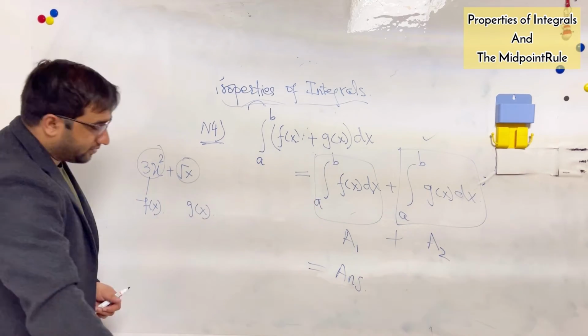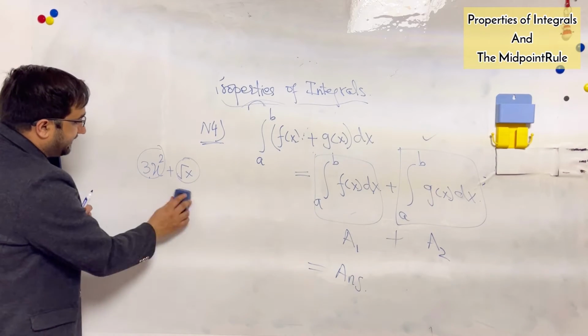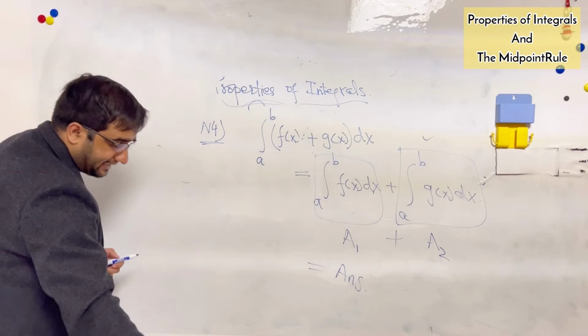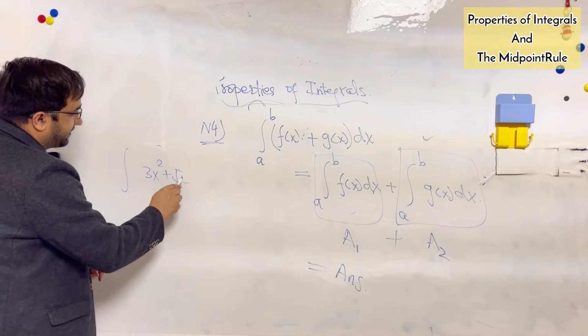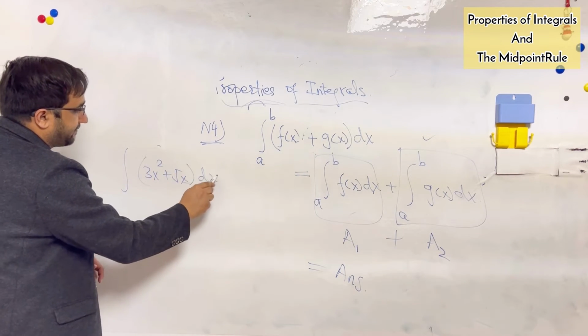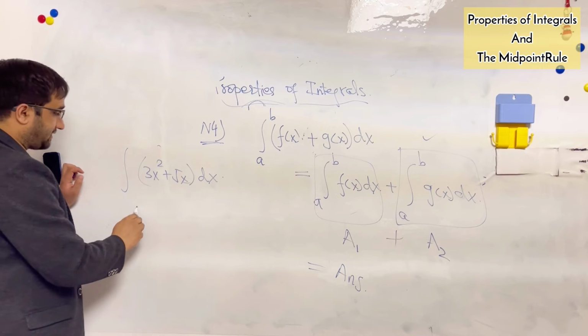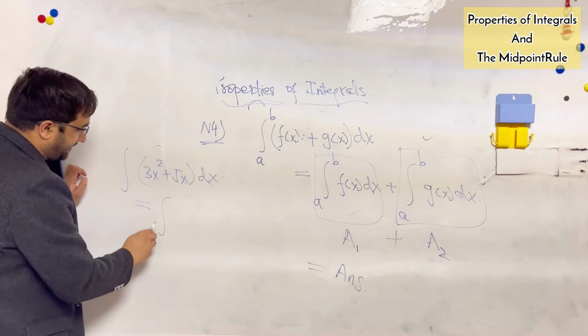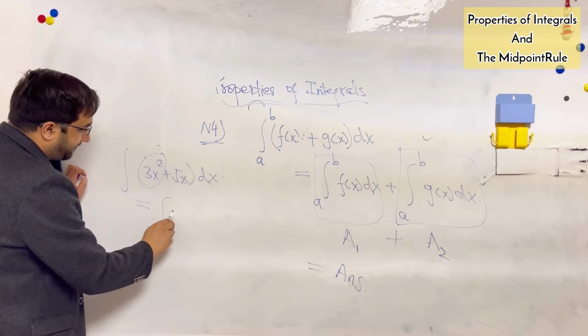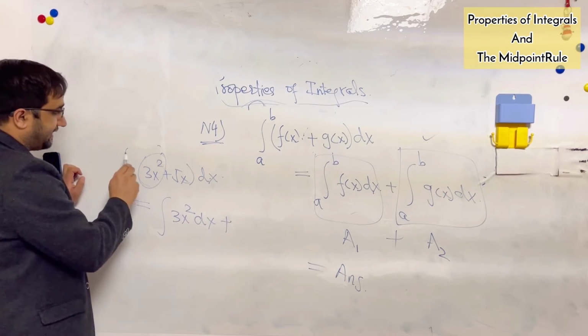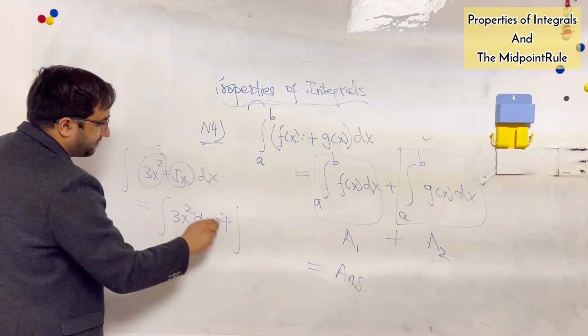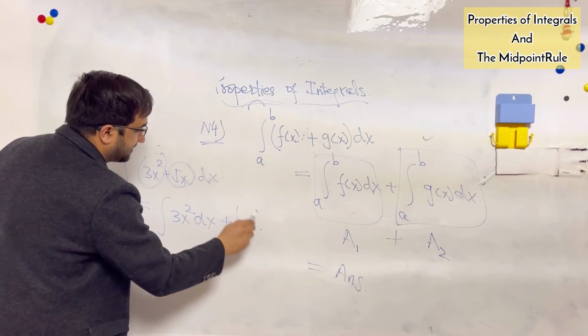If I ask you for an integral of 3x square plus under the root x into dx, at the first step you can split them: integral of f of x, which is 3x square, dx, plus integral of g of x, which is under the root x, into this dx.